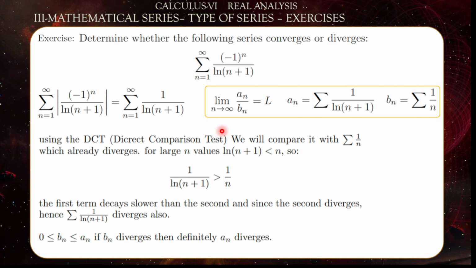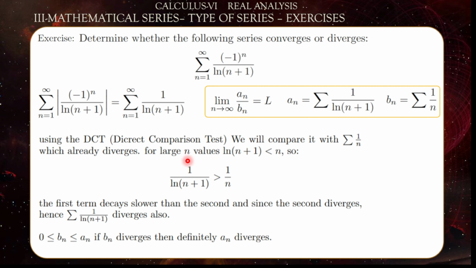Using the DCT, or direct comparison test, we will compare it with sigma 1 over n. Sigma 1 over n, we know that it diverges. Now, 1 over n is less than 1 over ln of (n+1). Why? Because ln(n+1) increases more slowly than n in the denominator.